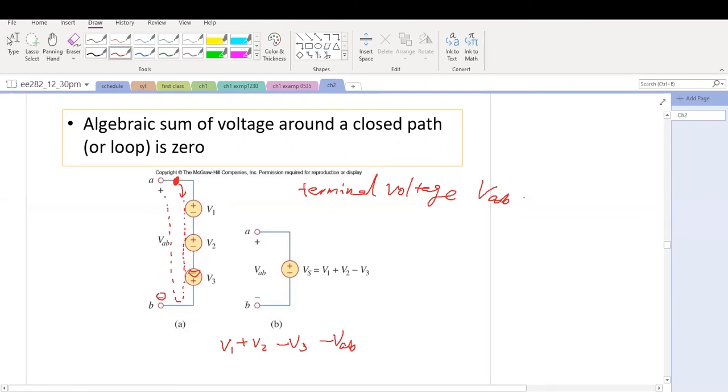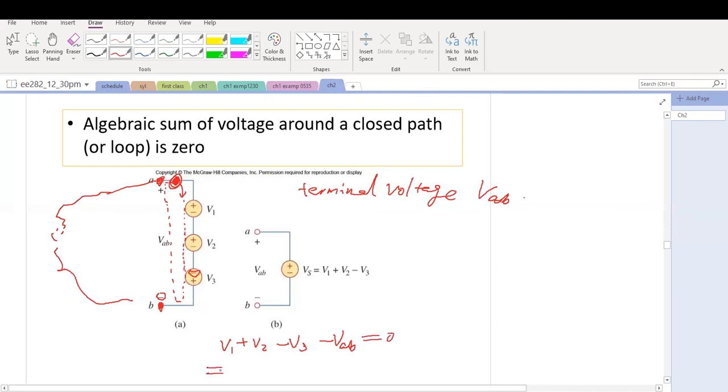You have to imagine that there's something connected somewhere else, some other circuits. I don't care. This is the terminal I want to consider. I want to find the voltage between terminal A and terminal B. Then I keep walking, come to the same point, and finish this loop. That equals 0.